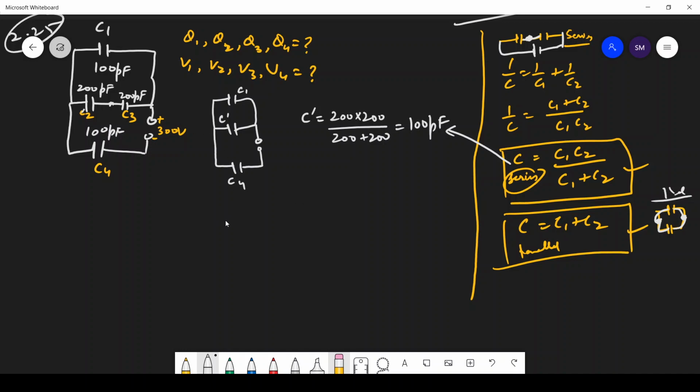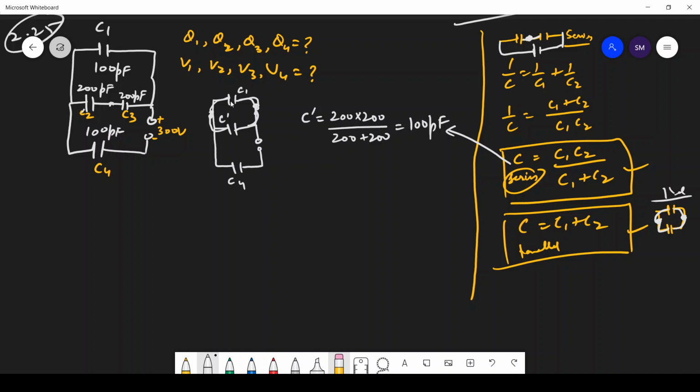Now further we can clearly see, students, don't get confused that these three are in parallel. See, these two are in parallel because the terminal of C1 and C dash is connected and the other terminal is also connected. But see, one terminal of C4 is connected with C1, the other one is not connected, okay?